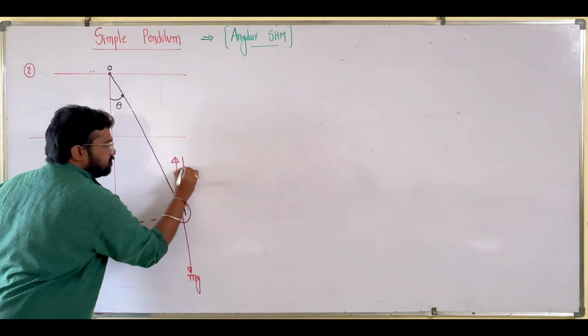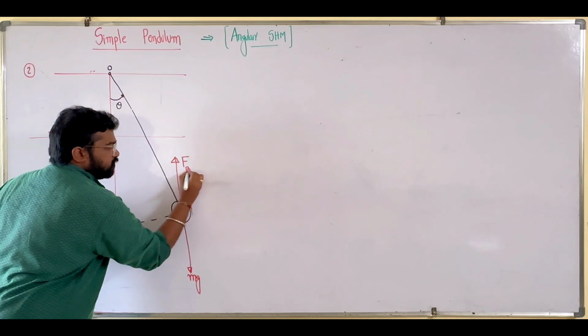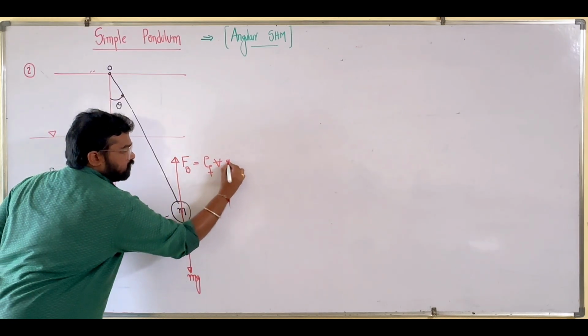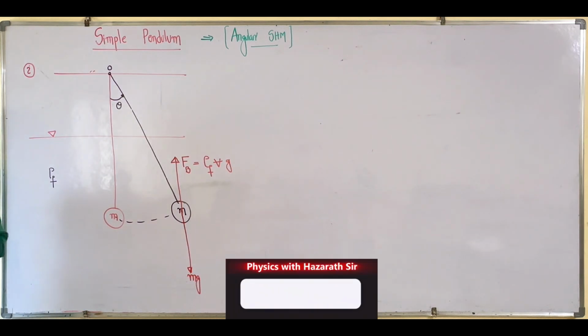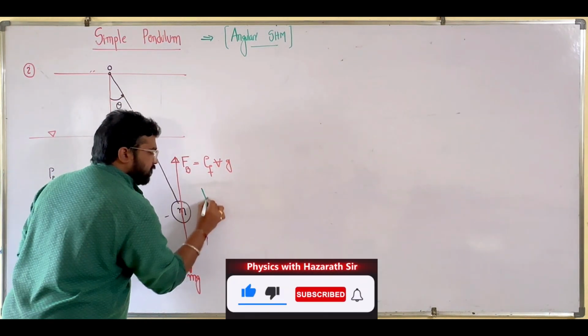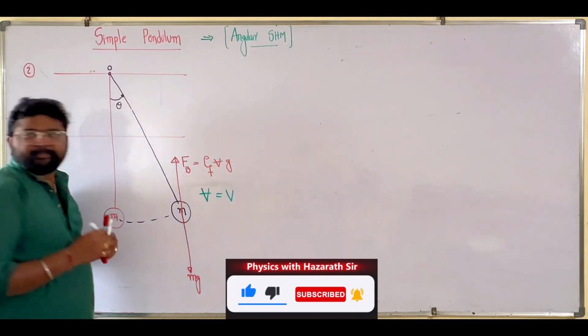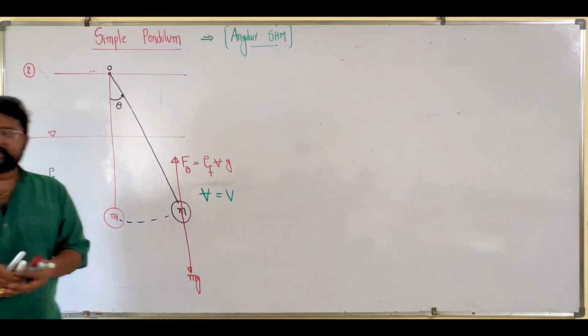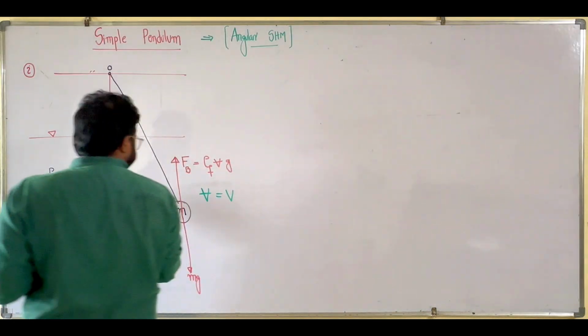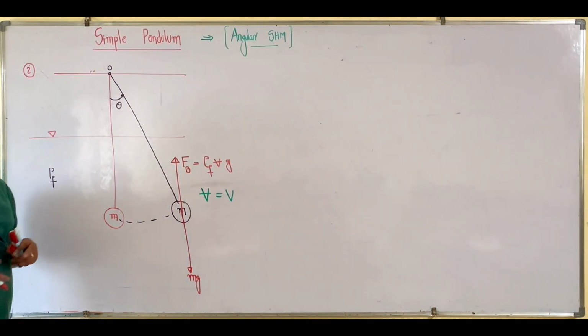Buoyant force equals how much? Density of the fluid into volume of the fluid displaced into g. For a completely submerged body, the volume of the fluid displaced equals the volume of the body.